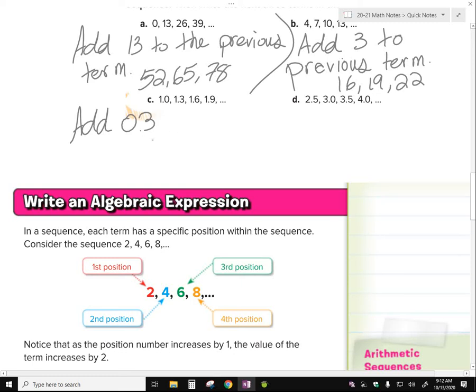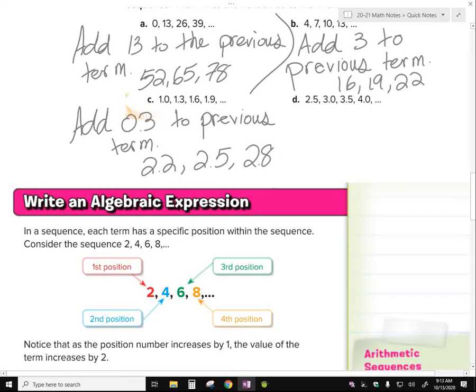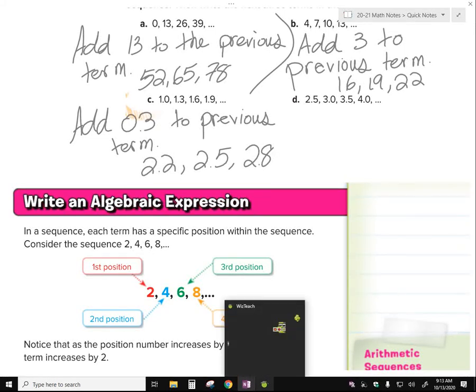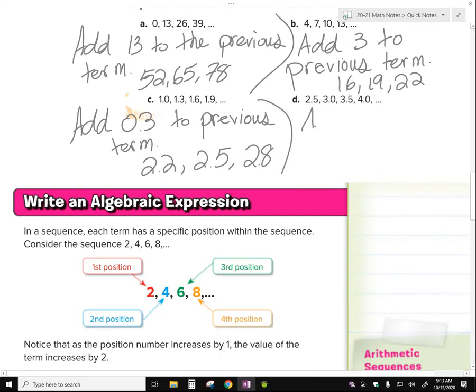Add 0.3 to previous term. 1.9 plus 0.3. And finally, this one, just add 0.5 to previous term.